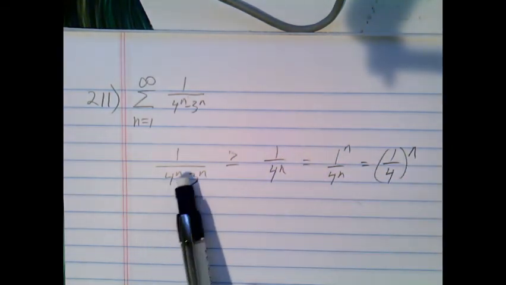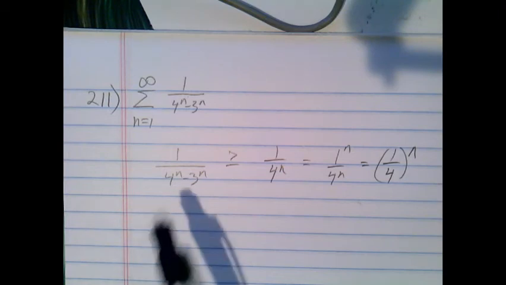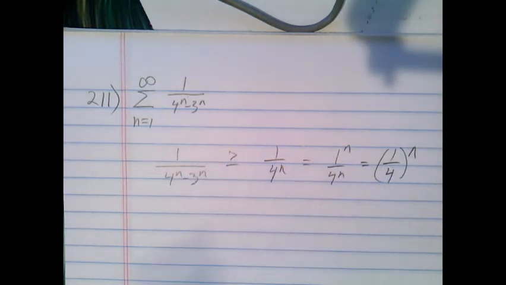So I've just shown that my terms are bigger than the terms of a convergent series, which means that if I use the direct comparison test, the directionality is backwards. If I had shown that my terms were smaller than the terms of a convergent series, I'd be able to use the direct comparison test and I'd be home free.